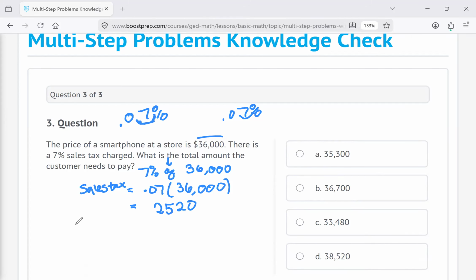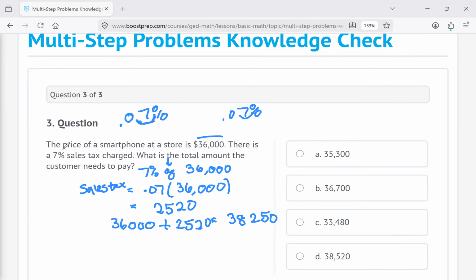And then, this is just your sales tax, so your total price is your original amount plus 2,520, which comes to a total of 38,250. So that's without a formula, just natural instinct, right?